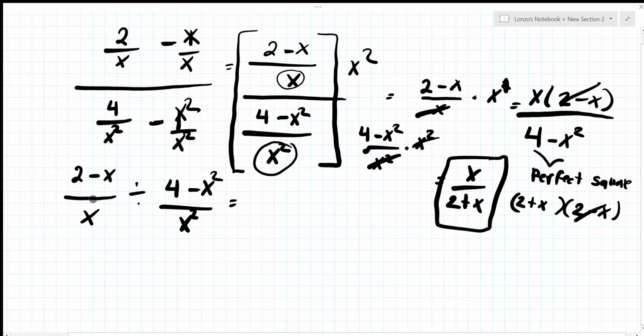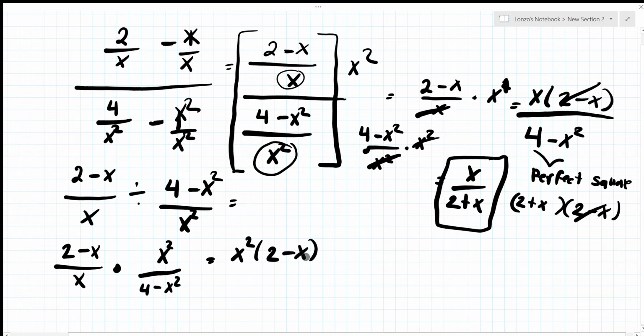Or what you can do is keep the 2 minus x over x, change the sign, flip this, so this is going to be an x squared divided by 4 minus x squared, and this divide sign is going to be a multiplication sign. So when you multiply across, it's going to be x squared times 2 minus x over x times 4 minus x squared.